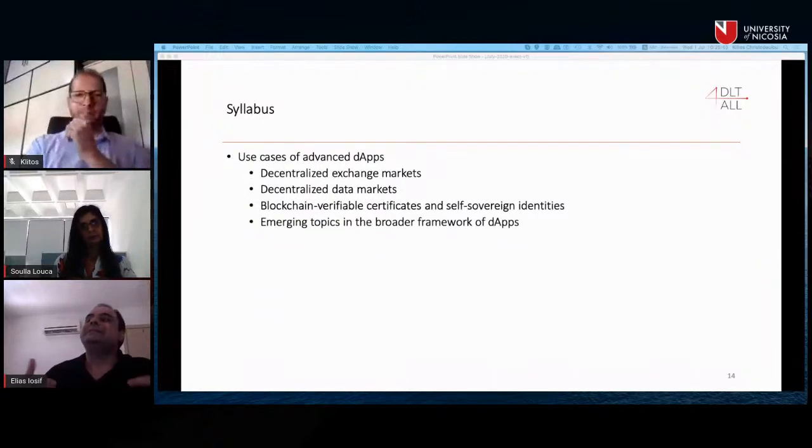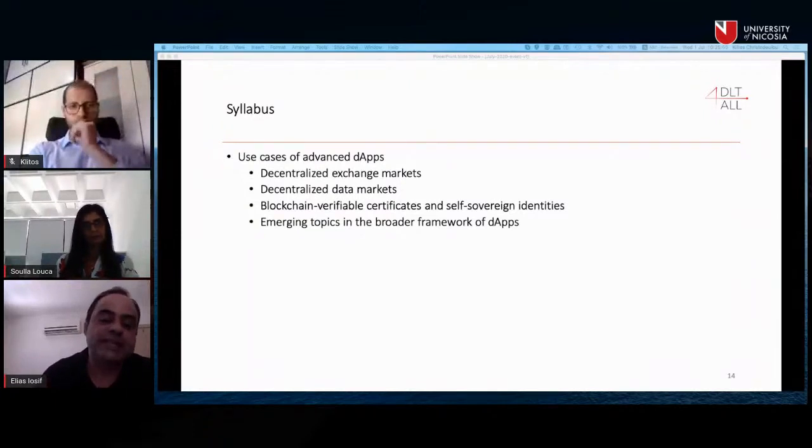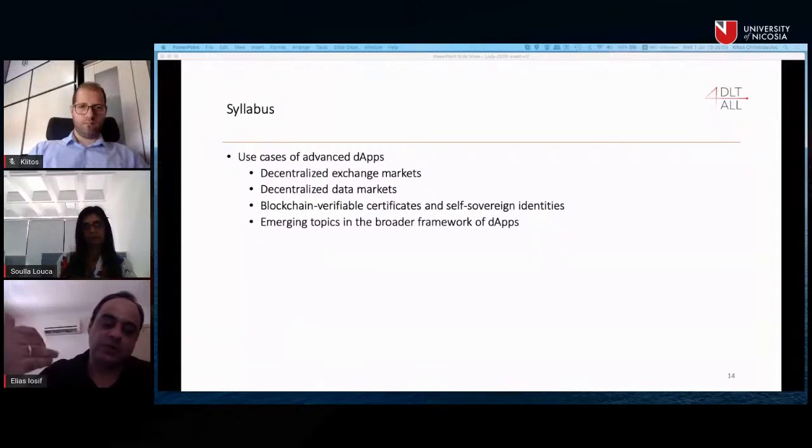So we will see how blockchains can disrupt, to certain degrees, the traditional model of producing and consuming data. The answer is similar to the previous use case.